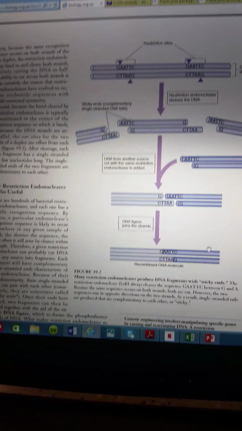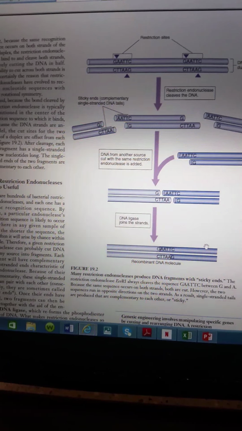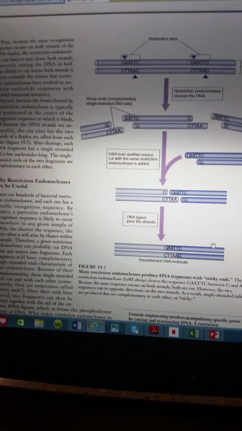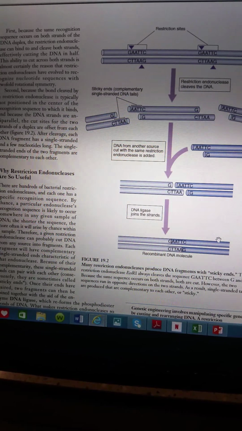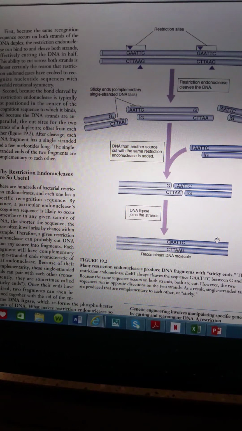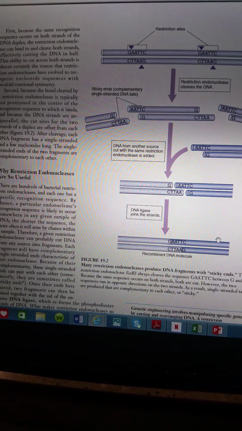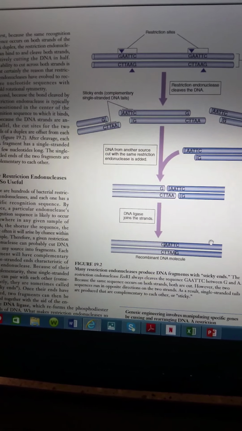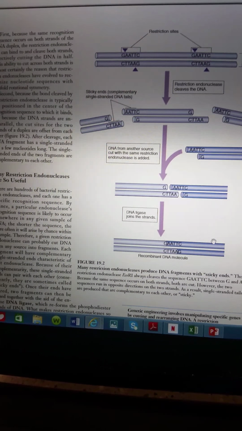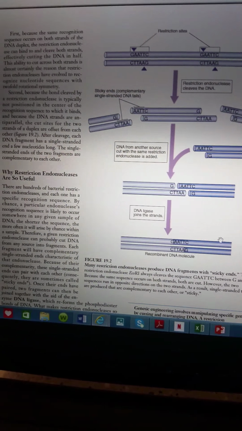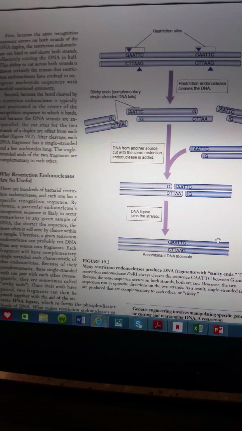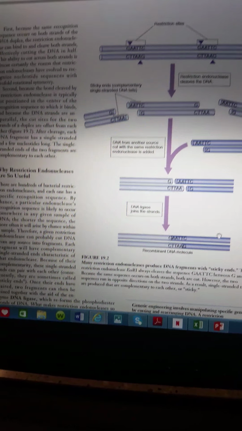The bacteria is protected from it by an enzyme called methylase, which adds methyl groups to some nucleotides on the bacterial DNA recognition sequence, so that the endonuclease can't bind to it.